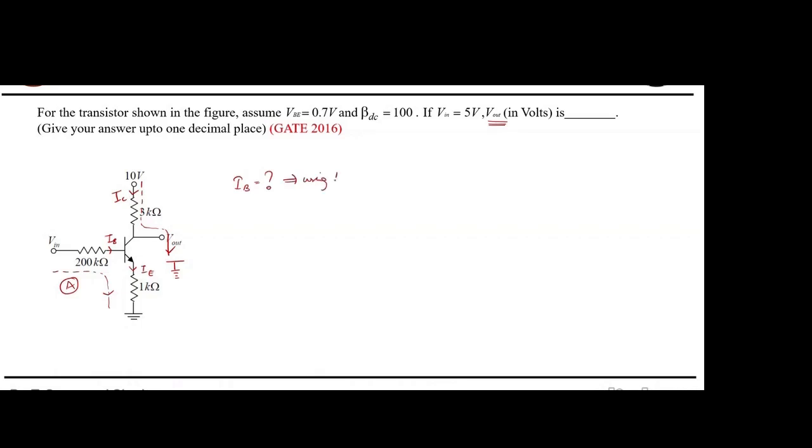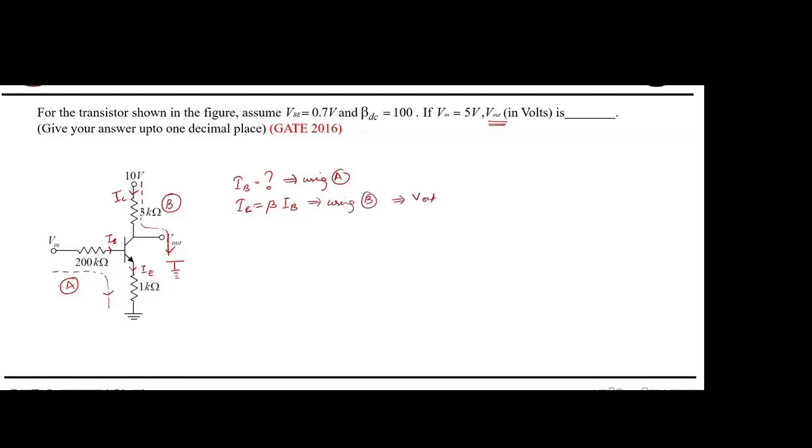Then I can find IC using beta times IB. Then using this loop B, I can find out V output.